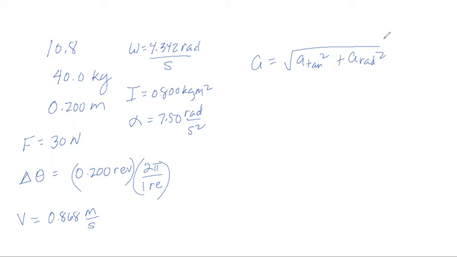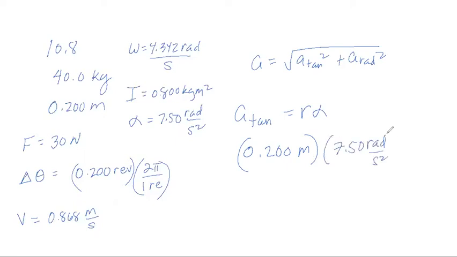So A tangential equals R alpha, which is going to be 0.200 meters times alpha, which was 7.50 radians per second squared. And that's going to be equal to 1.50 meters per second squared.